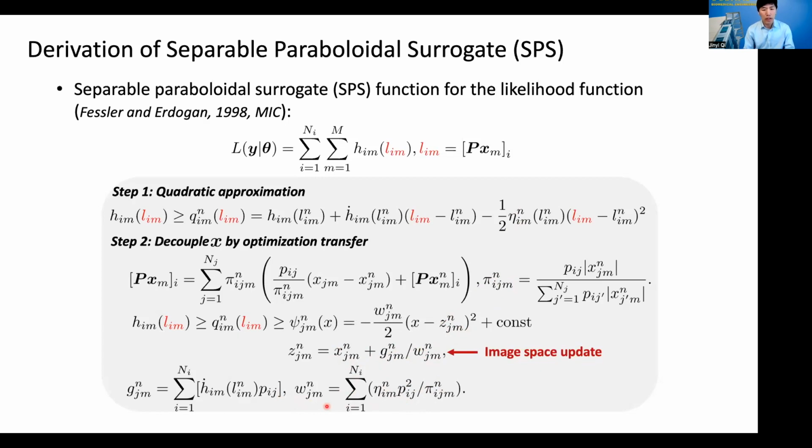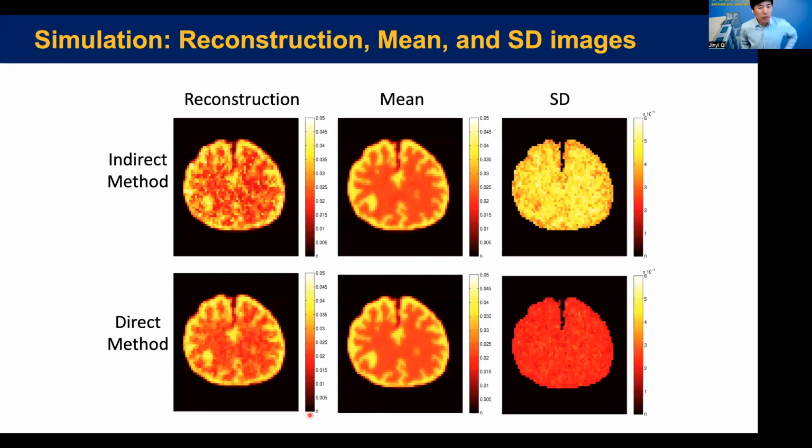So once we implement that, we did some simulation to demonstrate the performance of this algorithm. We simulate a brain FDG uptake. On the left column is the individually reconstructed, noisy image.